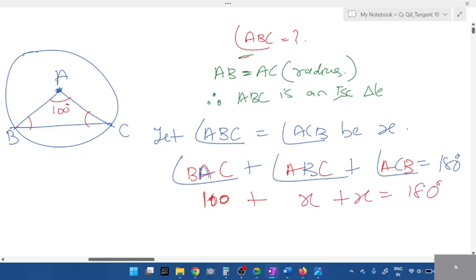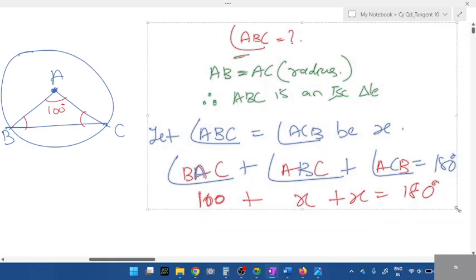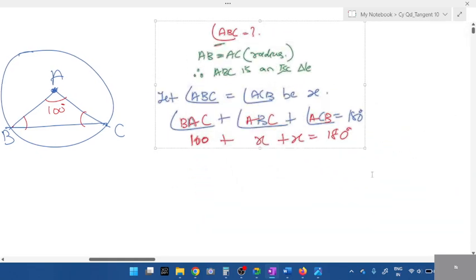x plus x. Remember, here we don't have to write that statement. This is not your chord circle property. This is a triangle. So here, if you want, you write it. If not, just ignore the statement. Angle formed on... what is this? Convert this into a statement. You can't just write angles formed inside the triangle. There are three angles. What is the symbol, students? Plus stands for sum, right?